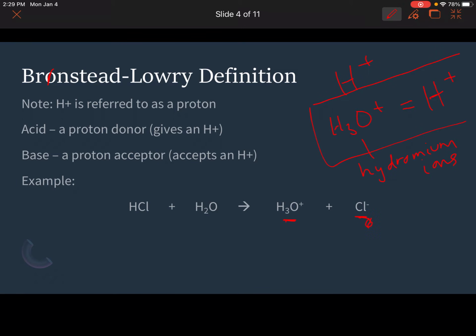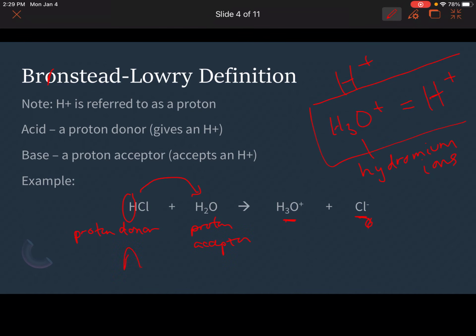So that tells me that this H plus got donated to the water. When it got donated, now the Cl minus is by itself, and the water here has picked up another H plus to make it H3O plus. So this one is my proton donor, and this is my proton acceptor.